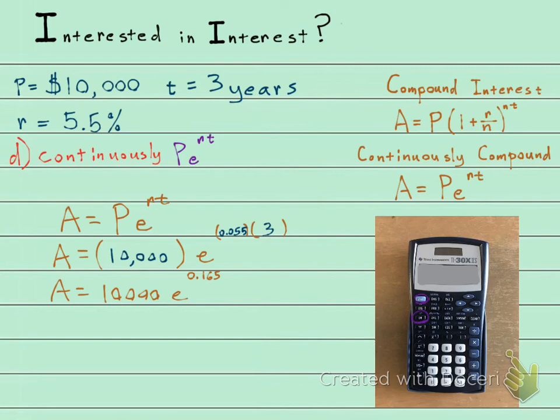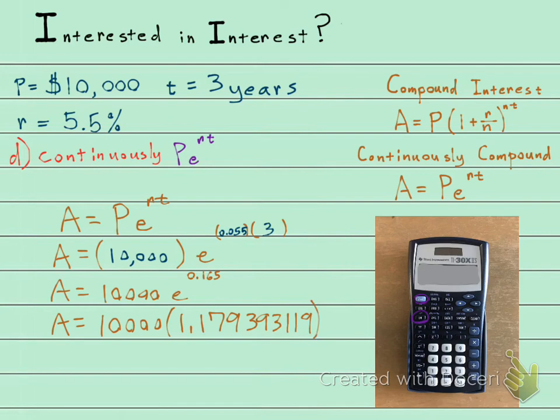So A equals 10,000 times e to the power of 0.165. Second, e to the power of 0.165, and that gives me 1.179393119.